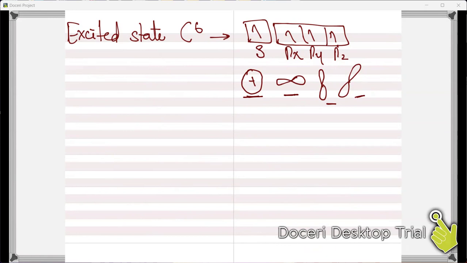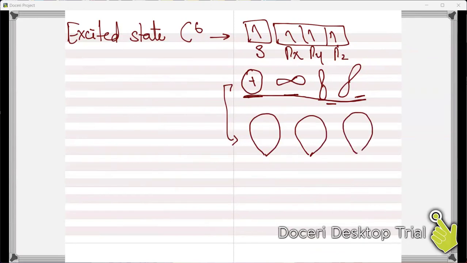Now, when these orbitals combine together, they form four different orbitals. If four orbitals are joining together, they will also end up as four different orbitals. But all four are going to have the same shape. This was s, this was px, this was py, this was pz.